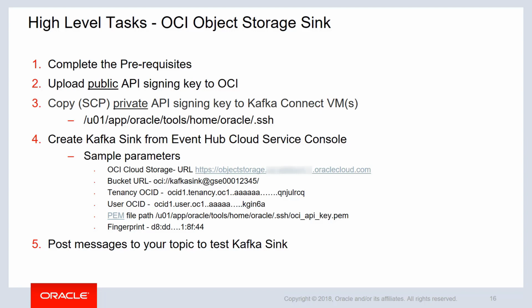We will then create the Kafka sync from Event Hub Cloud Service Console. Here you will need to specify the tenancy OCID, the user OCIDs, the location of your PEM file, and so forth. Most of these you captured during the prerequisites. Finally, we will post some messages to our topic to test the Kafka sync.